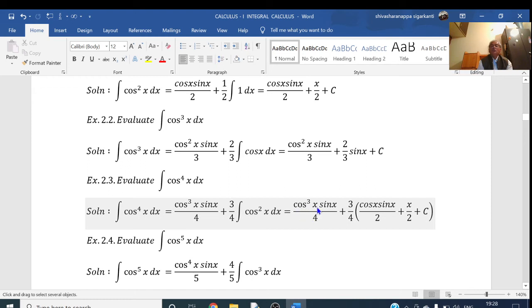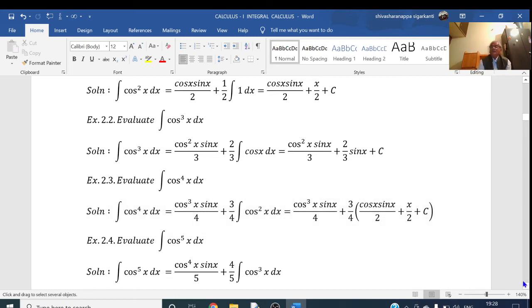That is cos cube x sin x by 4 plus 3 by 4 into, in place of the integration of cos square x dx, I put its integration. 3 by 4 as it is, into cos x sin x by 2 plus x by 2 plus c. So this is our integration of cos 4th x.